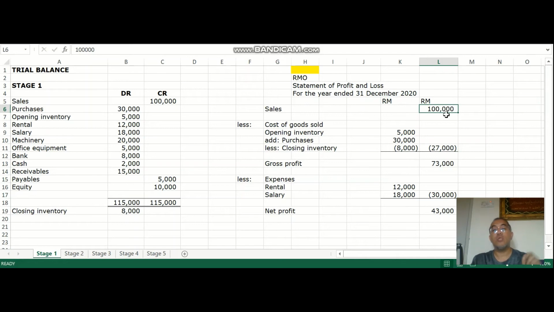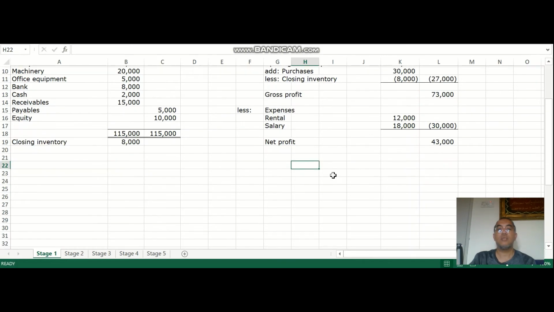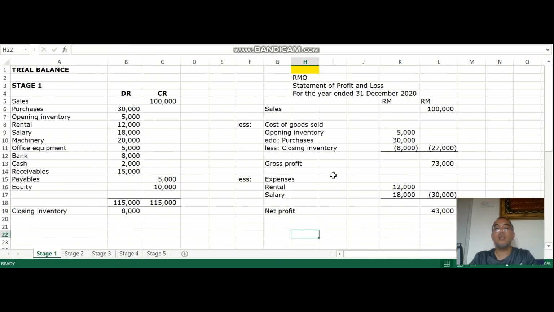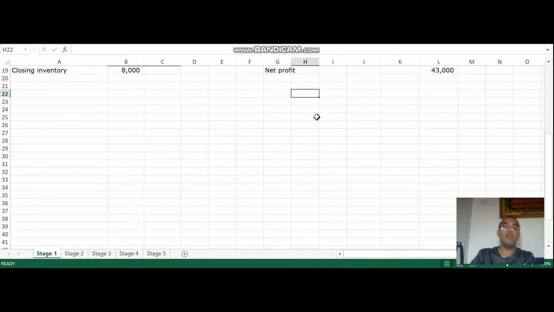After this, we are going to continue to do the statement of financial position. Statement of financial position is the statement where you report all the financial results that happened during the year.